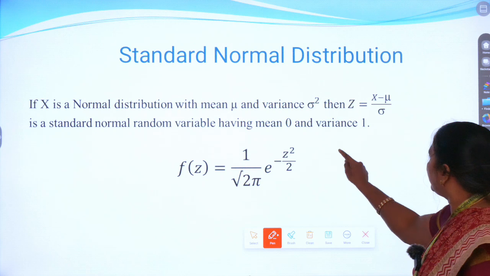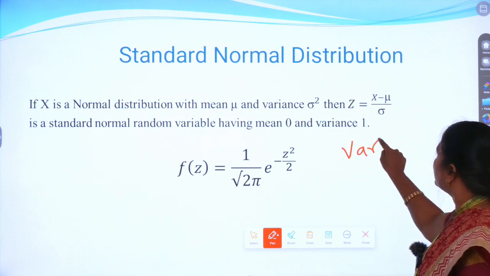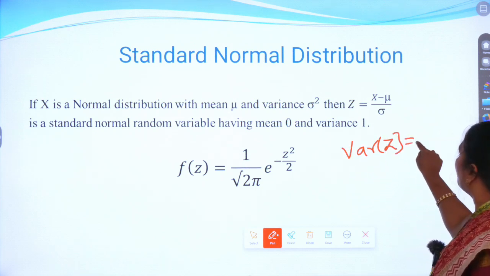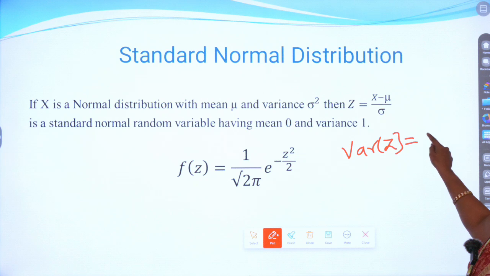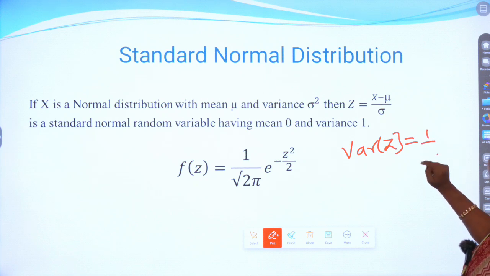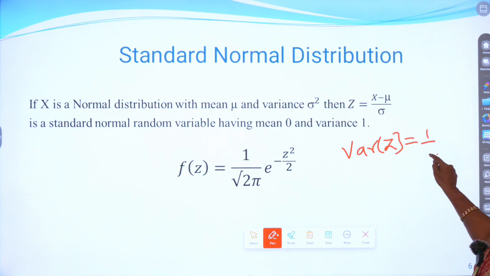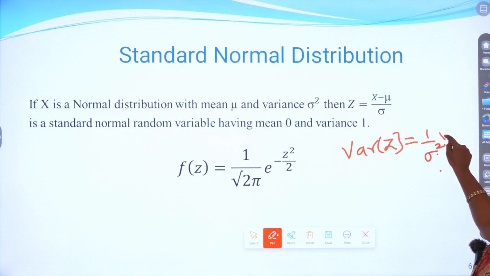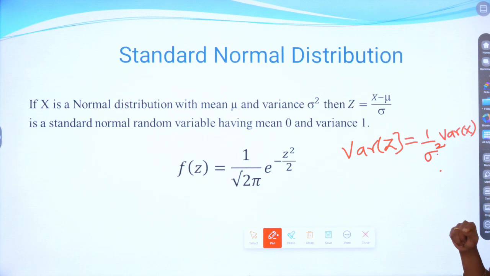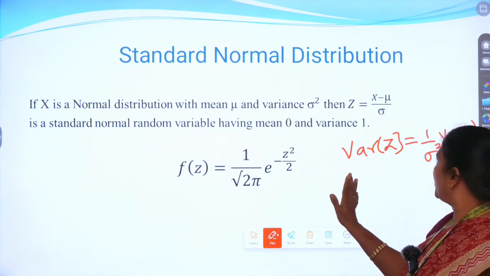Similarly, we can find the variance for this. The variance of z: if you take the variance, the constant in variance of ax is a square into variance of x. Here the constant is 1 by sigma, so you will get 1 by sigma square into variance of x. The variance of the constant term, that is variance of mu by sigma, is 0.